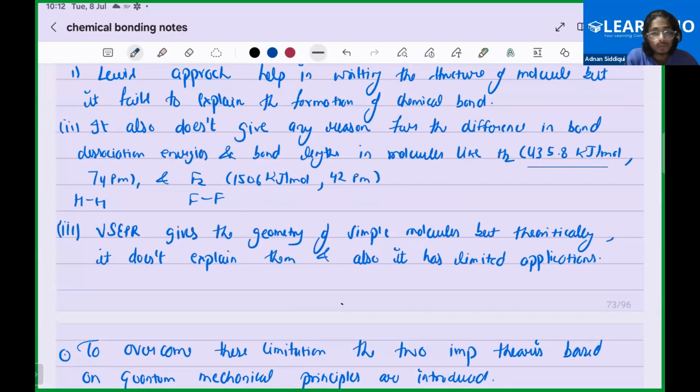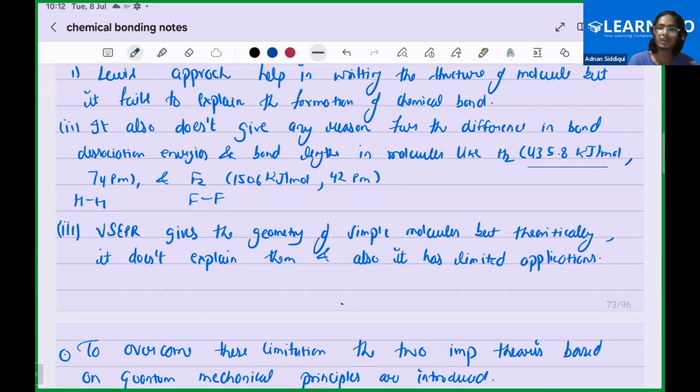You are able to make sense because you have a broad idea basically. You have seen the theories which came after Lewis as well. But at the time of Lewis, I think in the 1700s or 1800s, he was not able to explain why the hydrogen atom is harder and why F2 is not harder. You have all the cards, like you have all the parts of the puzzle now.